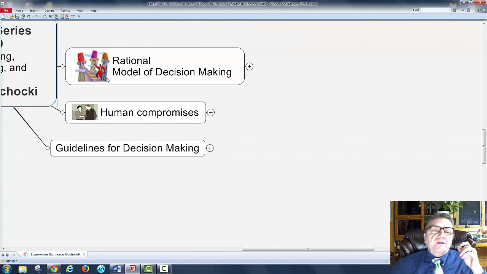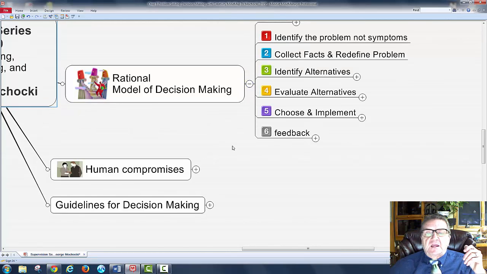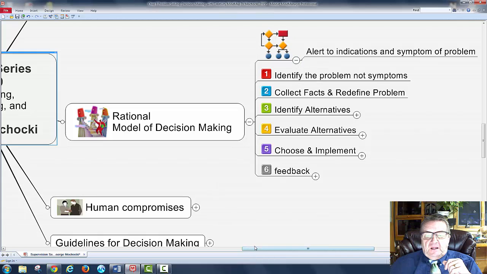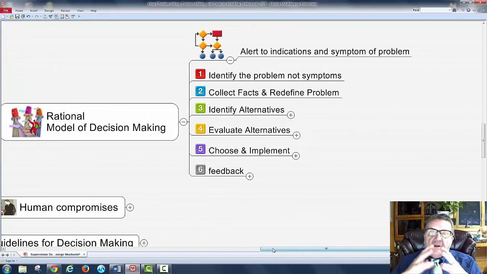Now, there are different kinds of rational models for decision making. First thing, when I'm looking at the model, I have to be alert to indications and symptoms of a problem. When do I know I have to make a decision? Sometimes the problem is very obvious.